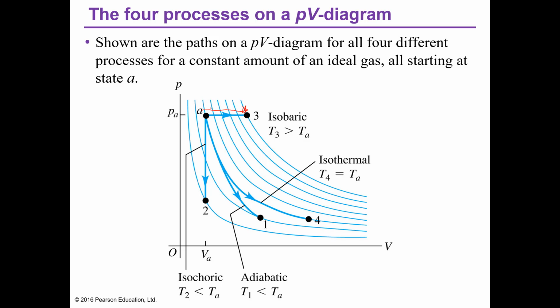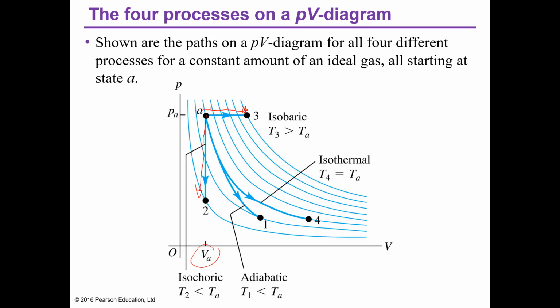And for this curve here, from state A to state 2, this process is an isochoric process because your volume is constant.